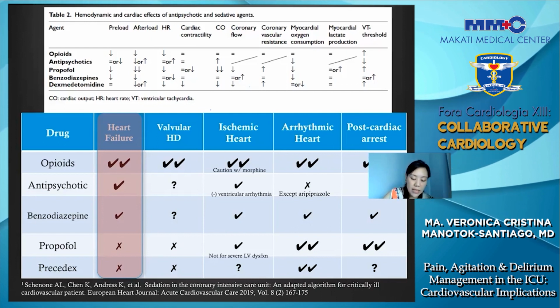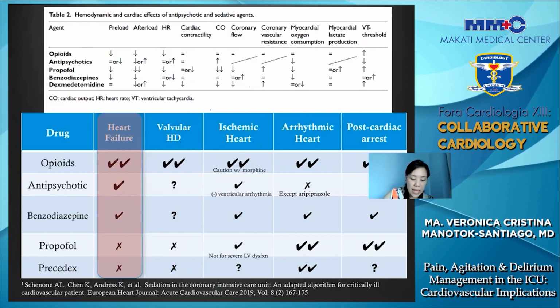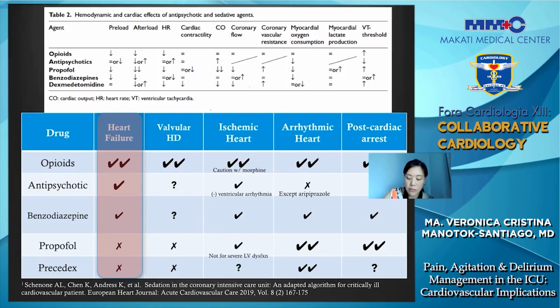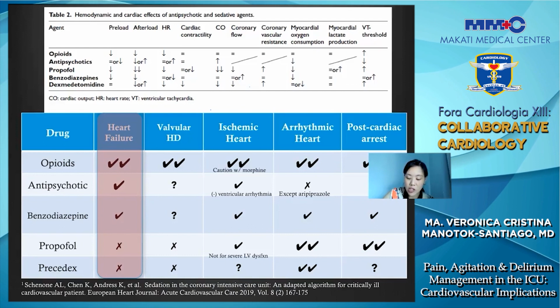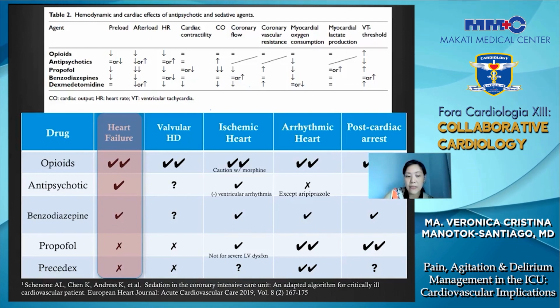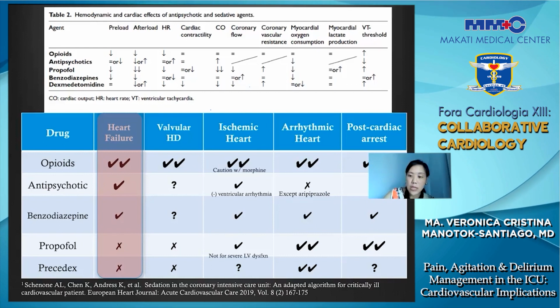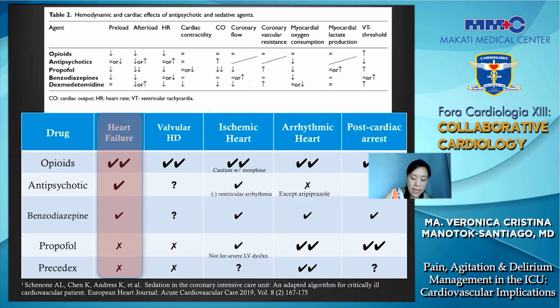But if an adjunctive sedative is still needed, benzodiazepines would appear to be the safer option. But again, this must be weighed. The hemodynamic advantage must be weighed against the detrimental effects on the length of mechanical ventilation, ICU length of stay, and the possibility of delirium that's associated with benzodiazepine use.